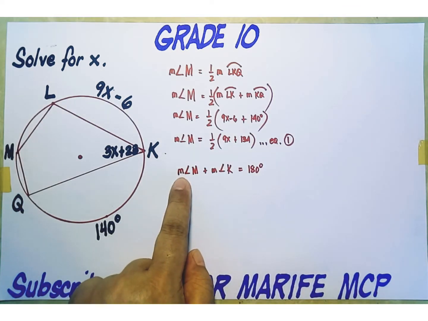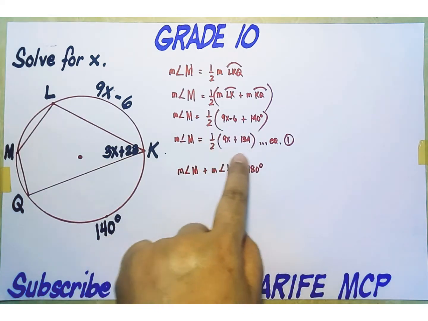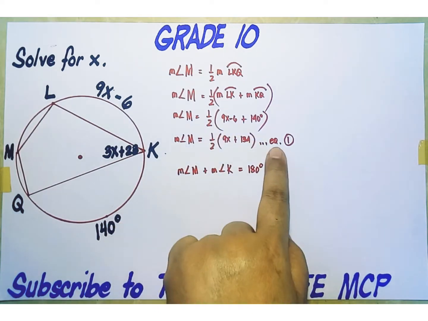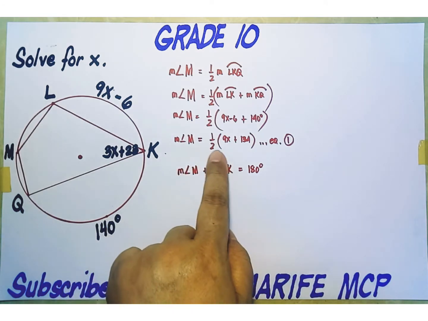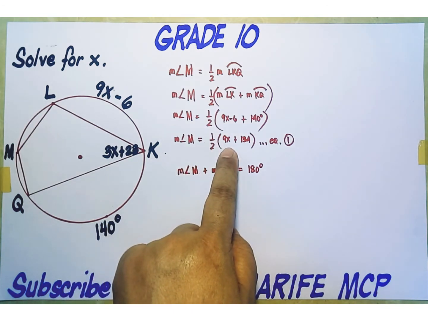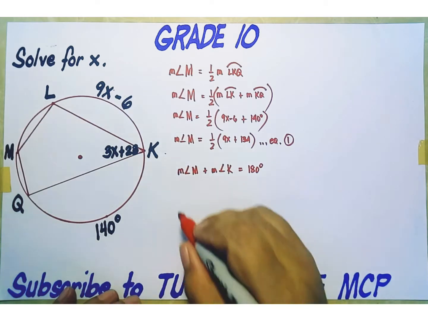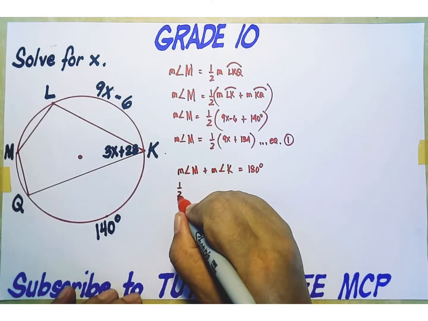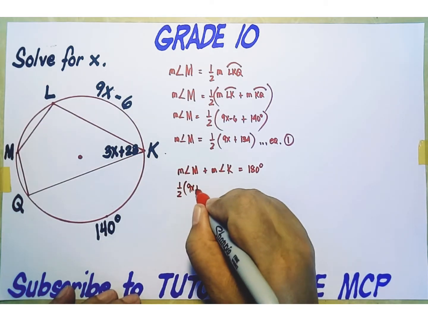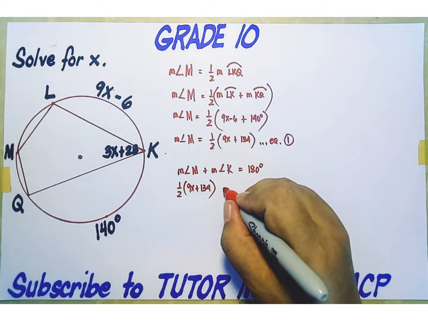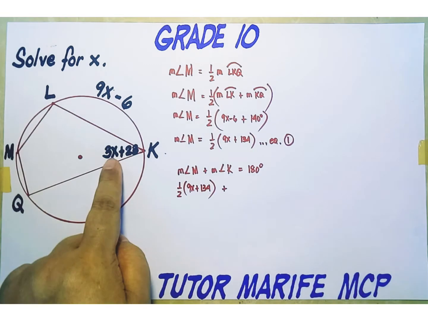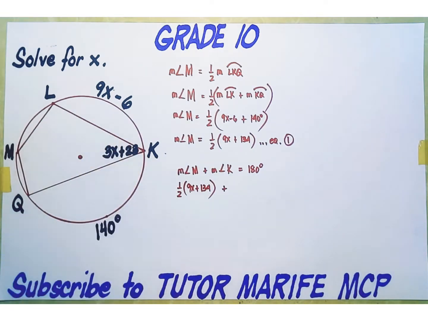Measure of angle M is represented by this expression using the equation 1. So we can replace this with 1/2 of the quantity 9x plus 134. The measure of angle K is represented by this expression.